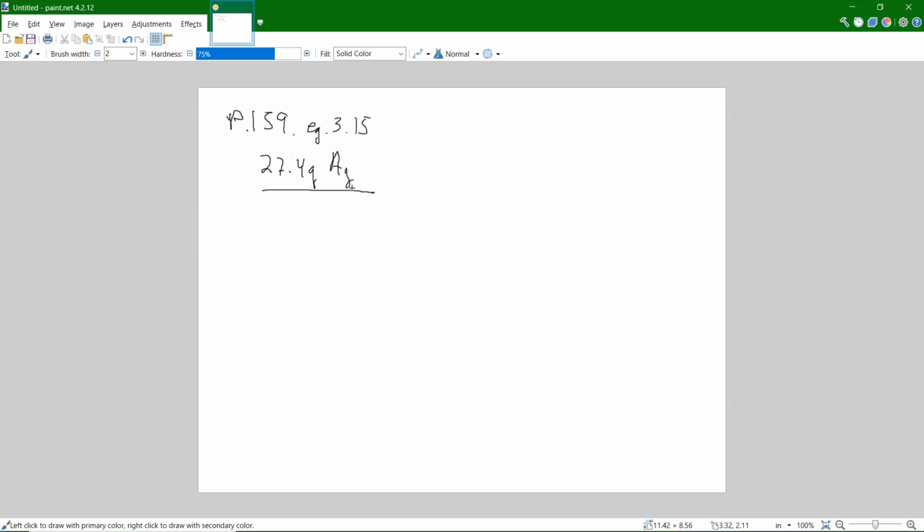So again, silver is 107.87. 2 decimal places for molar mass is always good enough for this class. Grams per mole. So 27.4 grams divided by 107.87 is 0.254. Good enough. 0.254 moles of silver.